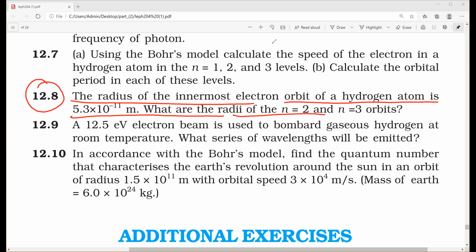What are the radii of n is equal to 2 and n is equal to 3 orbit ಅಂತಂದಾರ. ಸೊ ಏನ್ ಕೇಳಾರ, the radius of innermost electron orbit of hydrogen atom ಕೊಟ್ಟಿದಾರ 5.3 into 10 to the power of minus 11. So what are the radii of the orbit n is equal to 2 and 3 ಅಂತ ಕೇಳಿದಾರ.